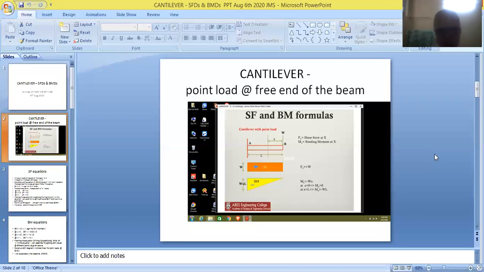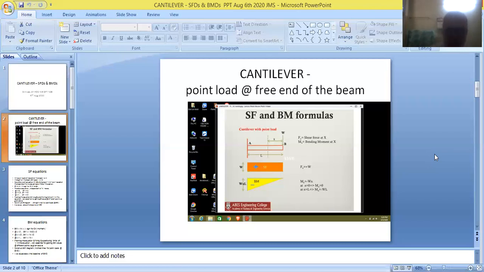So friends, if the values of shear forces are positive, the diagram will be coming above the baseline. And if the values are negative, generally the diagram will be coming below the baseline.